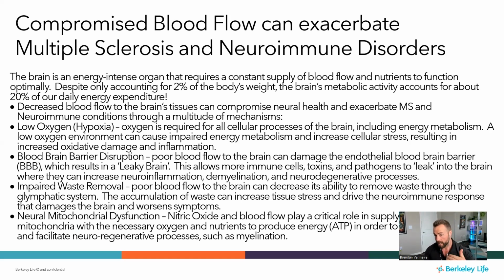So under these hypoxic conditions, whether that's due to anemia or compromised blood flow or low nitric oxide or whatever is going on there, in the hypoxic brain, this is going to decrease energy production. It's going to increase glutamatergic activity, which can increase excitotoxicity.